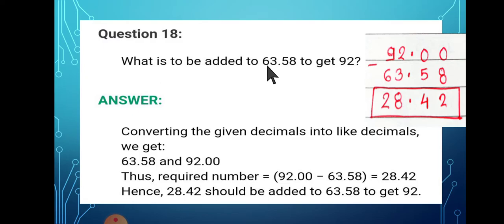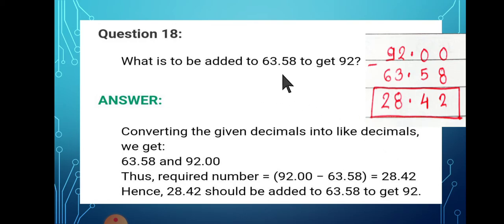how will we find it? We will find it by subtraction. The difference between two numbers is found by subtraction. So in this question we will subtract. First of all, because these are decimal numbers, how do we do decimal subtraction? Step one, we will convert the given numbers into like decimals form.